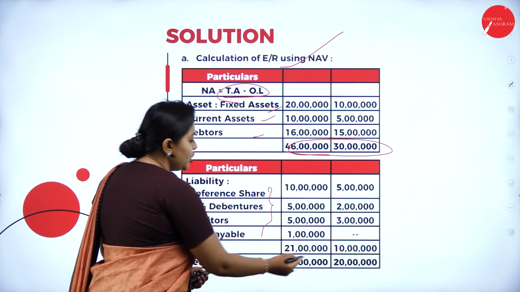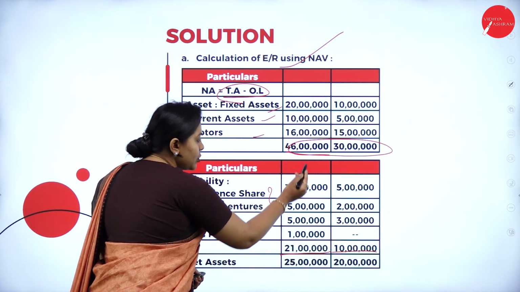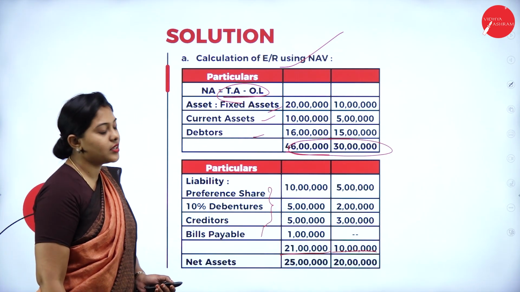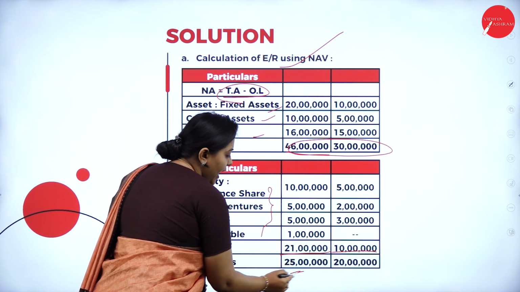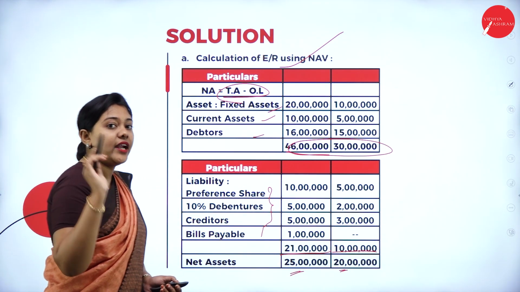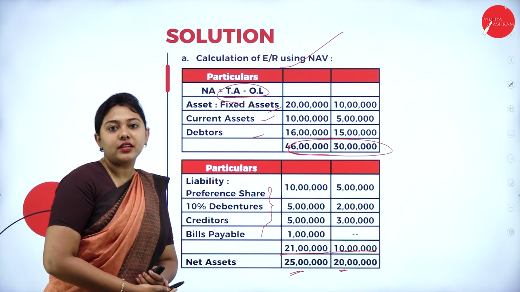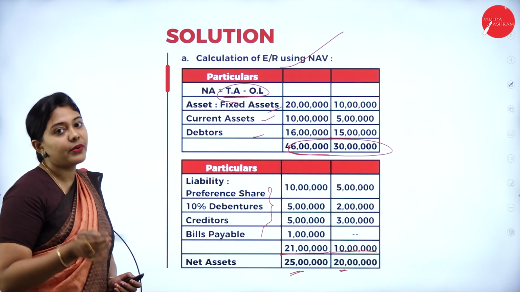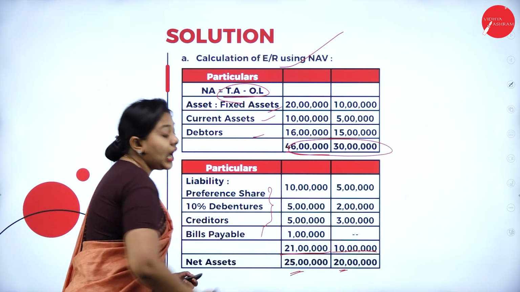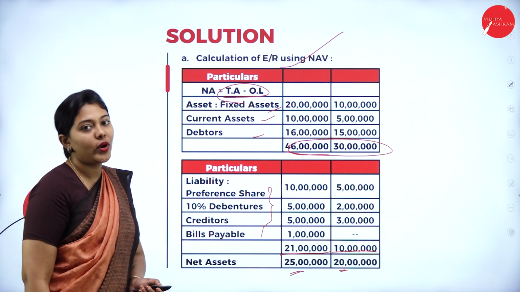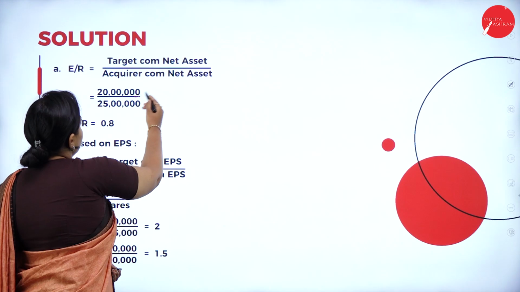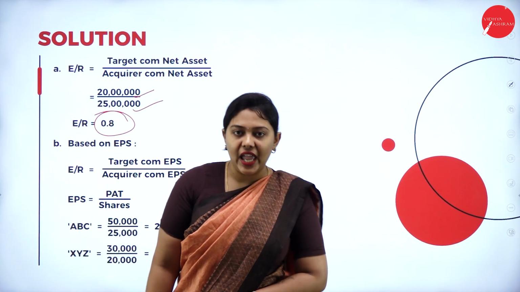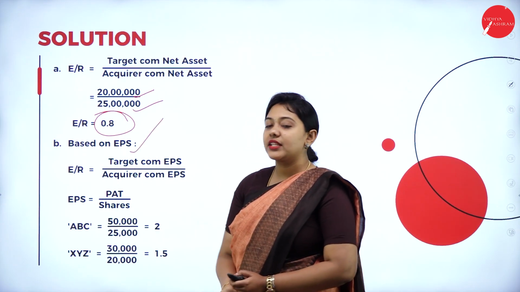If you subtract total liabilities from total assets, you get 25 lakh and 20 lakh as your net assets. Which is the target company, my dear students? 20 lakh is the target company's net assets, divided by the acquirer company's net assets, that is 25 lakh. So 20 lakh divided by 25 lakh, your exchange ratio is 0.8.